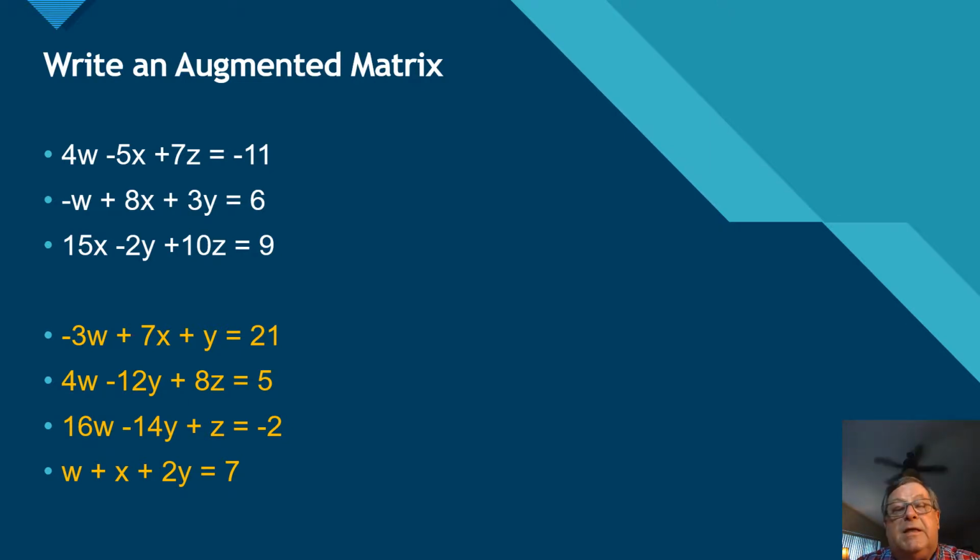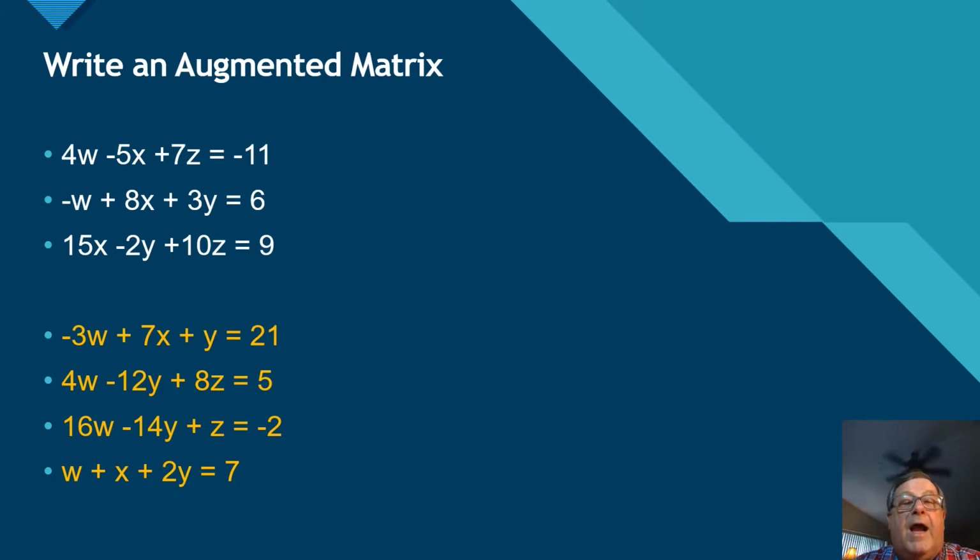And so we're going to put this in alphabetical order, the coefficients of w, x, y, and z. And we're going to have 3 rows and 5 columns, 4 columns for the variables and 1 column for the constants. And so let's begin.